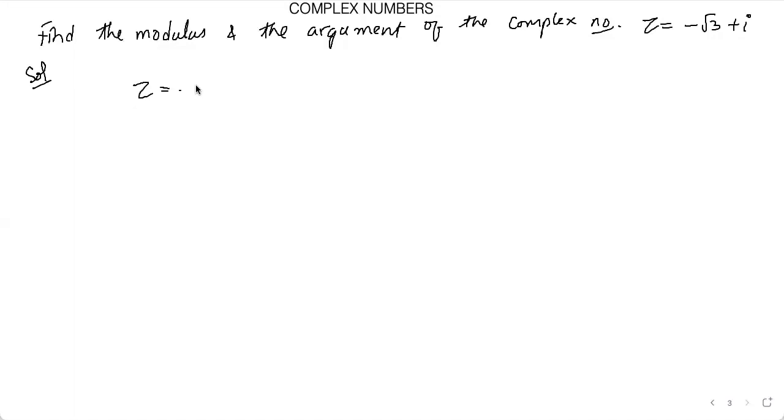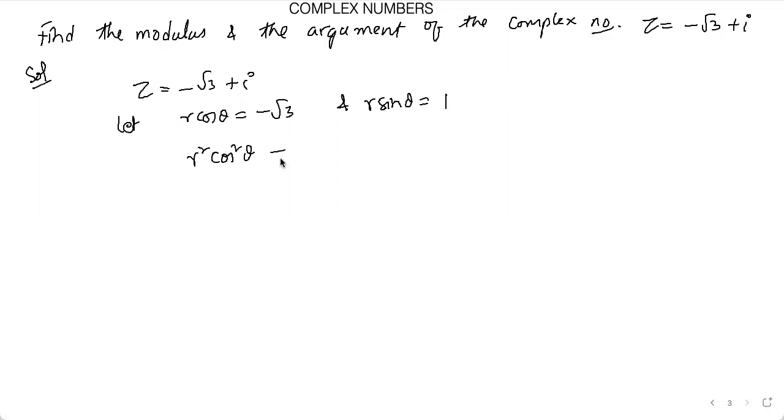Z is minus root 3 plus i. So let r cos theta be minus root 3, and r sin theta be 1. Squaring and adding both sides, you get r square cos square theta plus r square sin square theta.